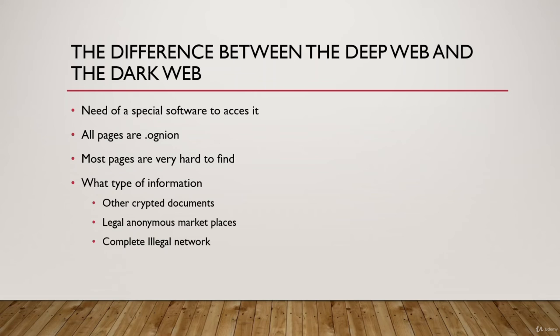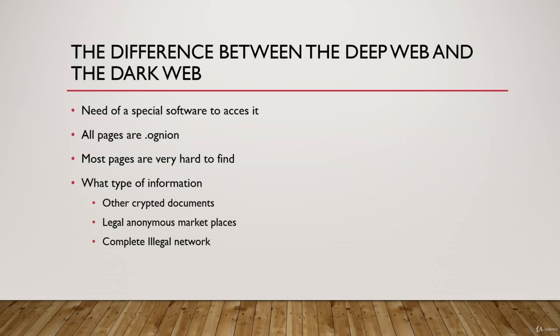This is why there is a lot of mystery around the dark web. There is a huge mystery around this thing, because people think it's just evil and only bad people go there. But once again, no, it's a small part of the internet. It's not the whole deep web.